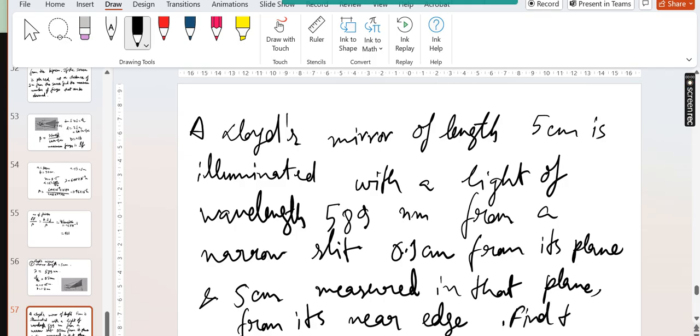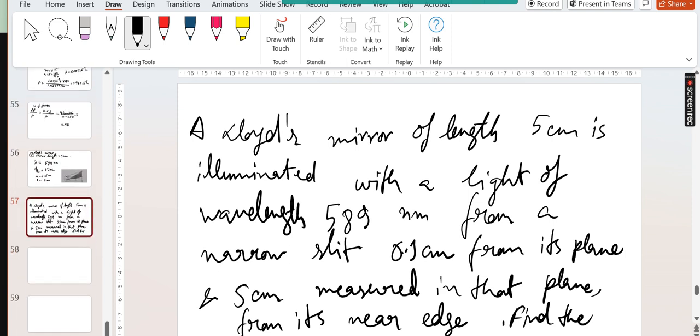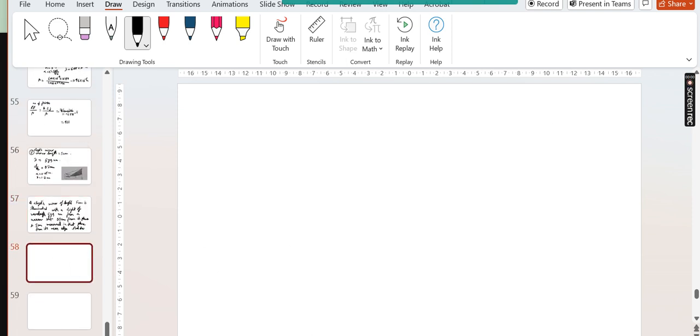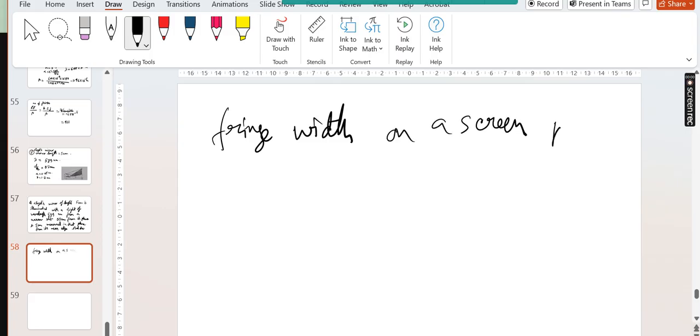Find the fringe width on a screen placed 1.2 meter from the slit.